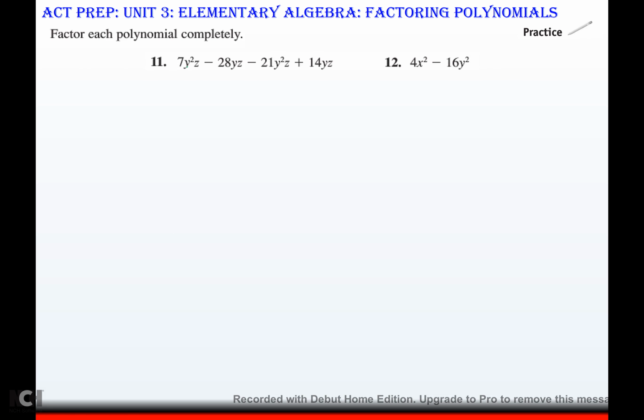Alright, on 11, I can notice that I can combine these two and I can combine these two, which gives me negative 14y squared z minus 14yz. And then I can do a GCF.